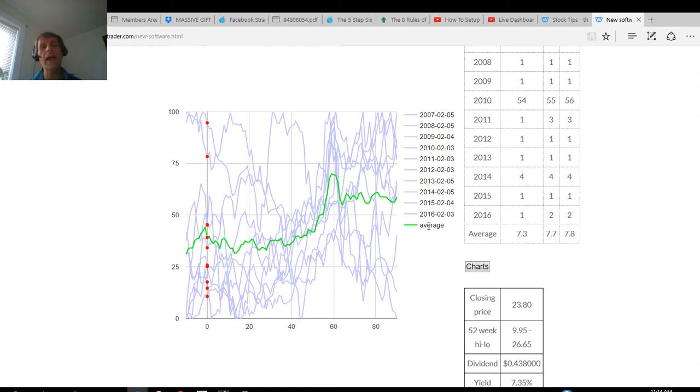If you want to look at 1 year at a time, you just hover over it and click on it. That's what it did in '07. It comes in 10 days prior. The red dots represent the ex-date. This software is meant to go from the ex-date 10 days prior, and then 90 days after, because it goes from one ex-date to the next ex-date.